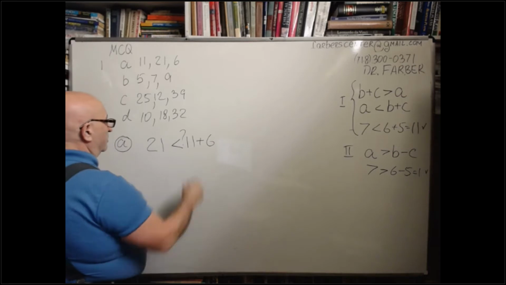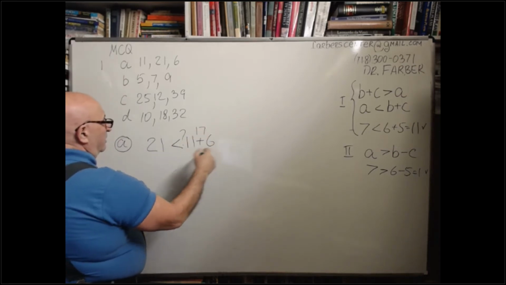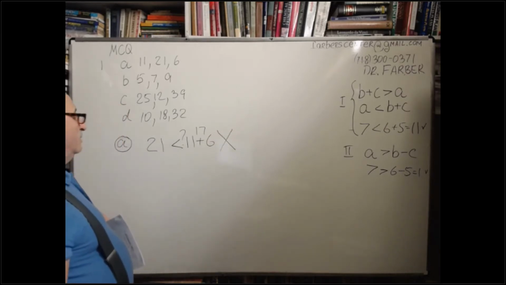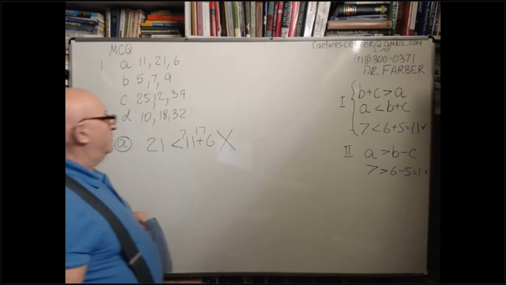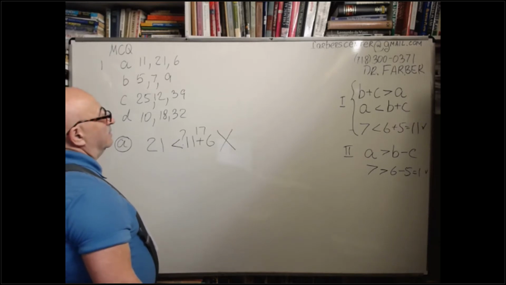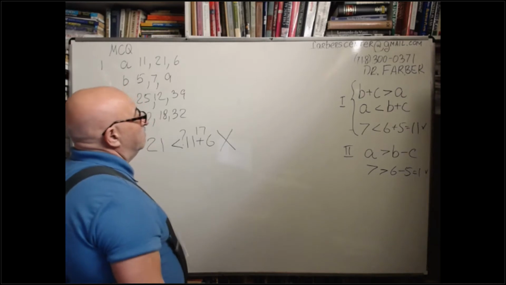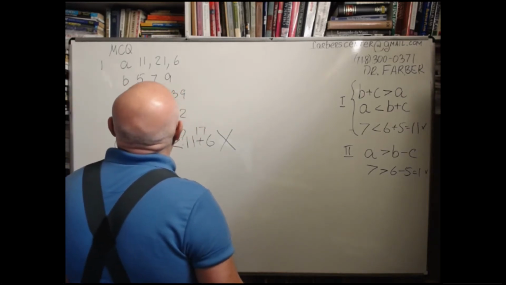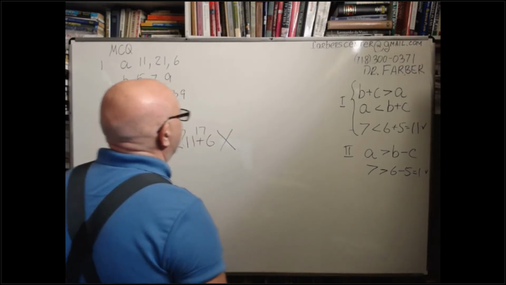No. 21 is not less than 17. A triangle cannot be drawn on the whiteboard, because any side is supposed to be less than the total of two sides. And 21 is not less than 17. So far, so good.